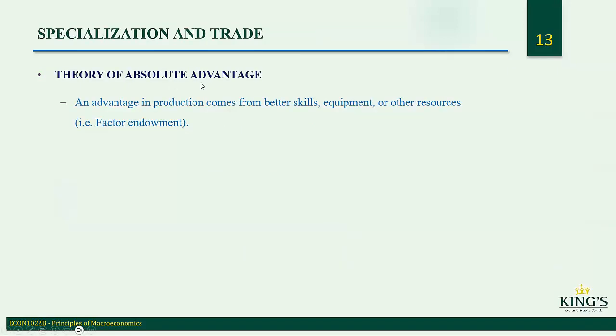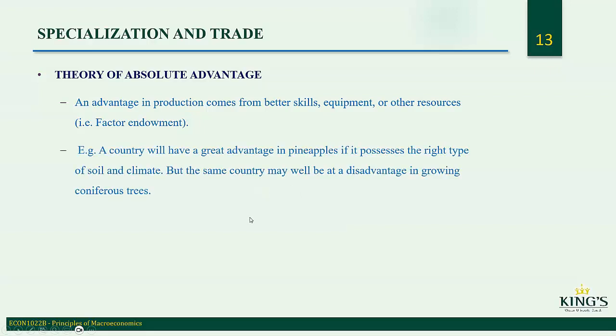So how could a country have an absolute advantage? Well, it could come from anything that relates to better productivity, like skills, equipment, natural resources. So you're just endowed with certain natural resources that other countries don't have. A country would have a great advantage in pineapples if it has the right weather and a tropical climate.